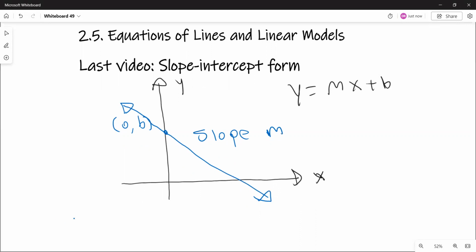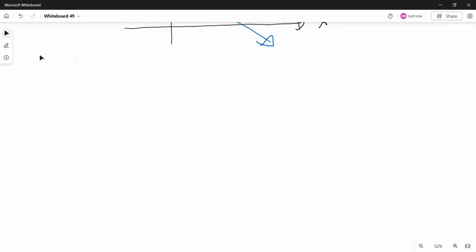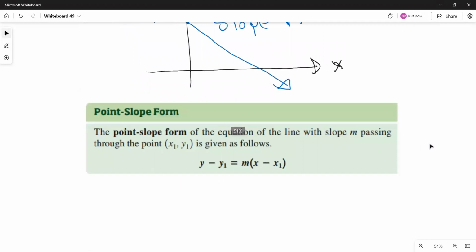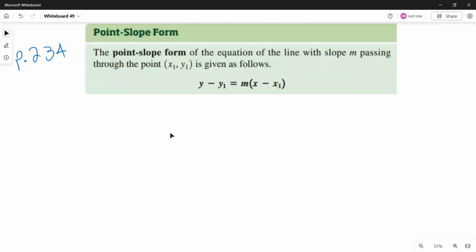The point-slope form of the equation of the line with slope m passing through the point x1, y1 is given as follows: y minus y1 equals m times x minus x1.